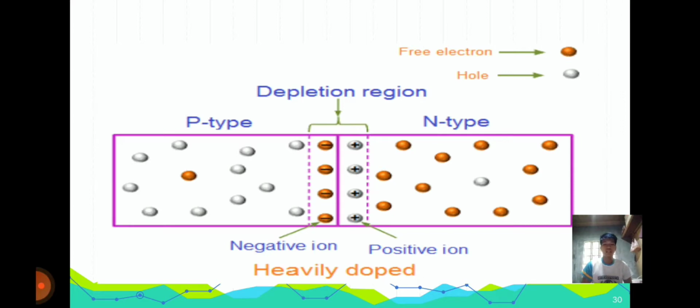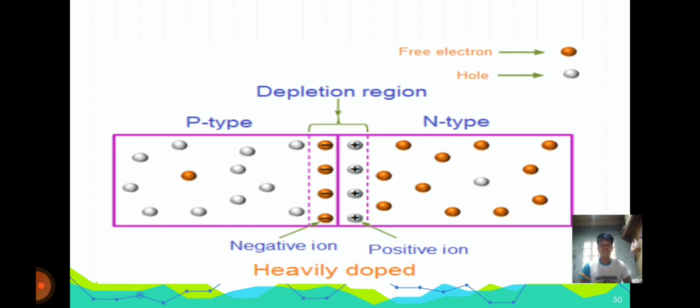Similarly, in the p-type semiconductor, holes get repelled from each other and try to move from the higher concentration p side to a lower concentration region, the n side.